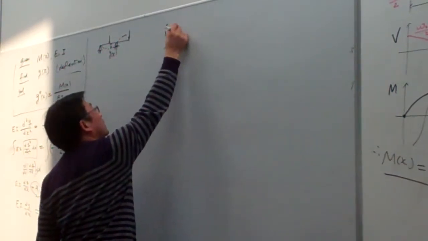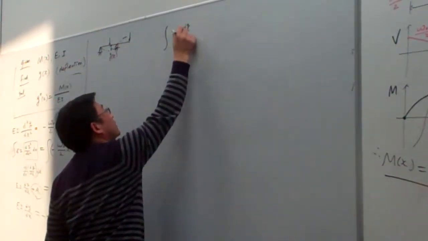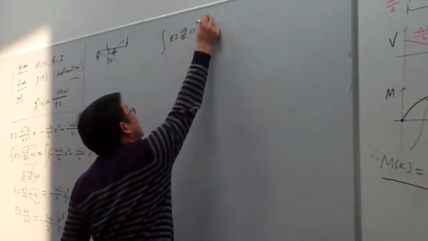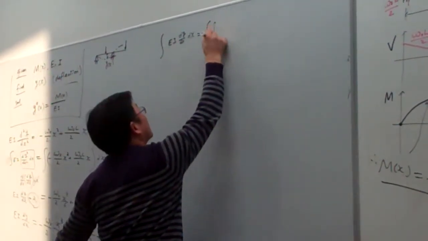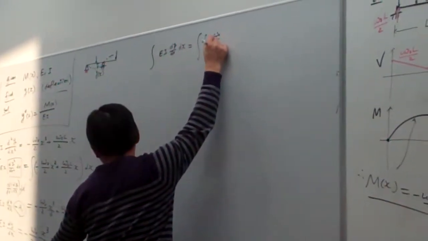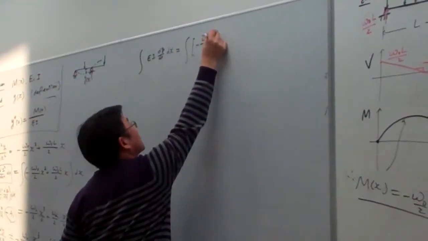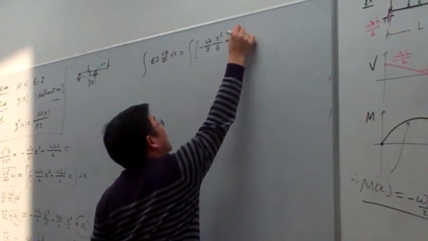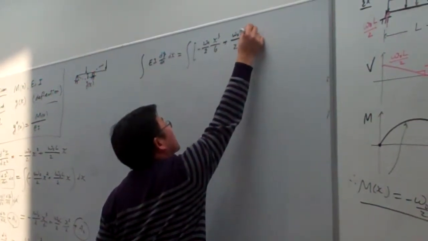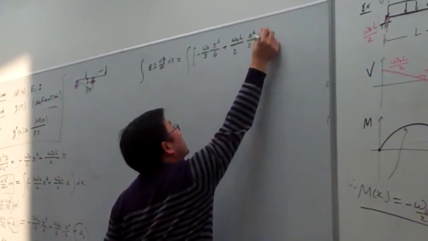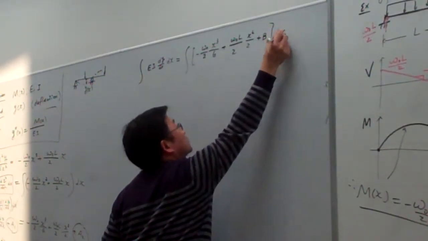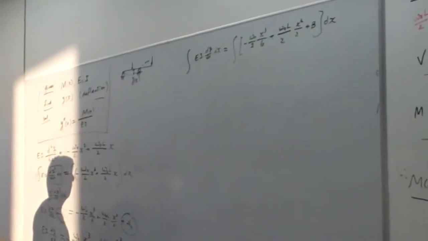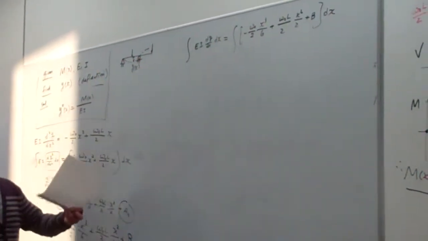First time, EI dy/dx dx will be equal to this one, minus omega squared divided by 2 x cubed over 6, plus omega squared L, 2 x squared, plus B, dx. Yes, everything will transform there.